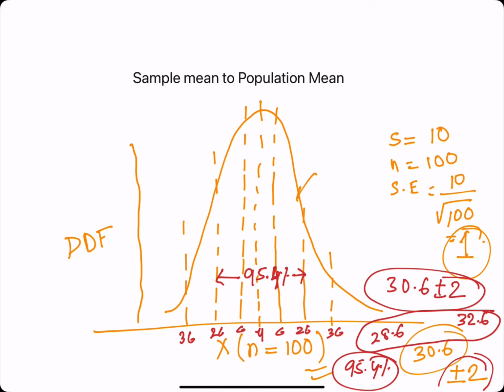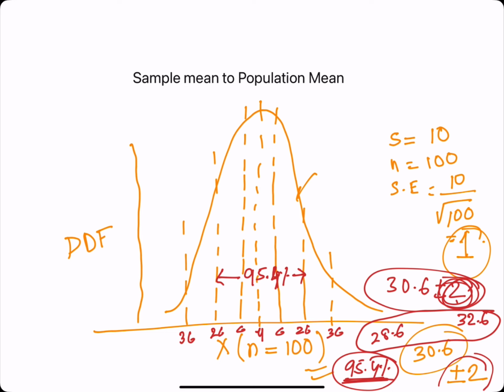Again, to summarize, the confidence level represents how confident we are that the true population mean lies within our confidence interval. In this case, the confidence level is 95.4%. The margin of error is the maximum amount by which we expect our sample mean to differ from the population mean. In this example, the margin of error is 2 minutes.